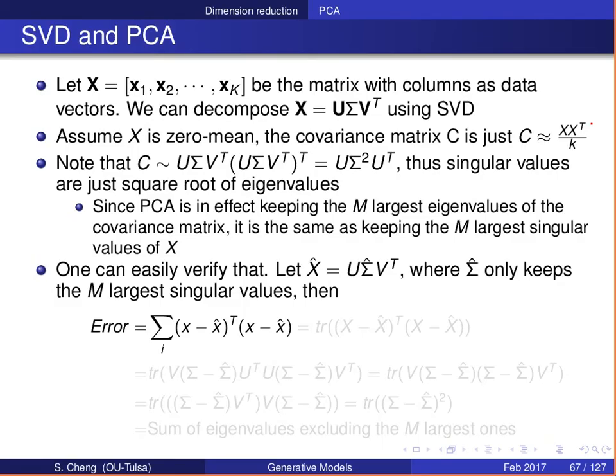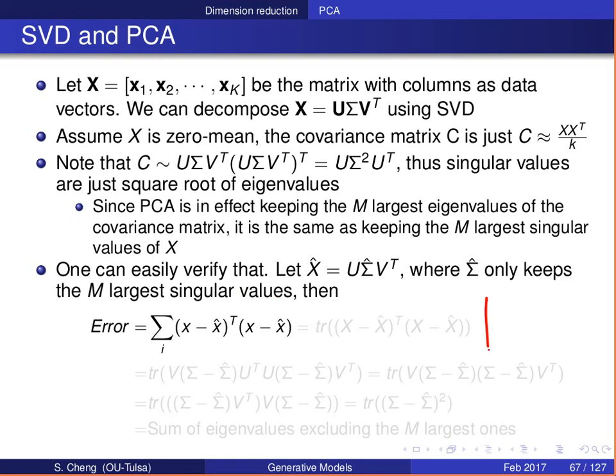And there's a proof for that. I guess I won't go into detail, but it's actually just a couple of lines. Say X hat is a similar decomposition of X, but with sigma hat only keeping the m largest singular values.